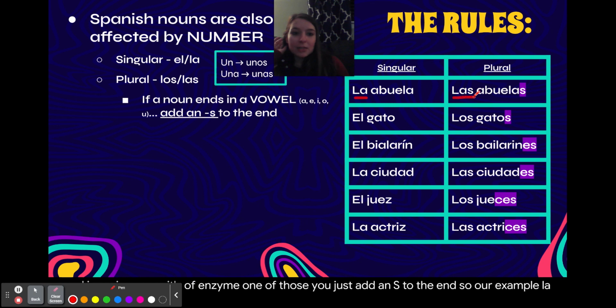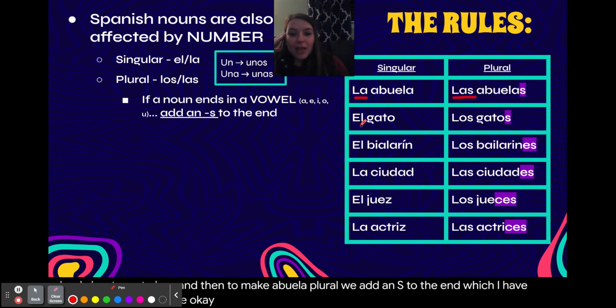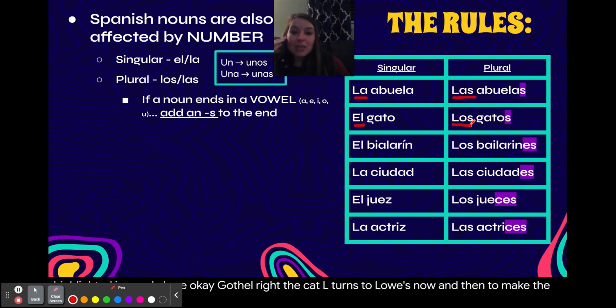La turns to las, and then to make abuela plural, we add an S to the end, which I have highlighted in purple here. Okay, el gato, the cat. El turns to los, and then to make the cat, the cats, you add an S to the end, right? So you get los gatos.